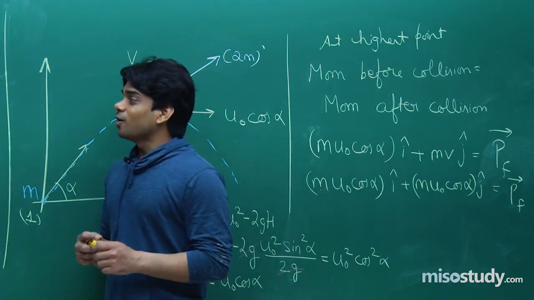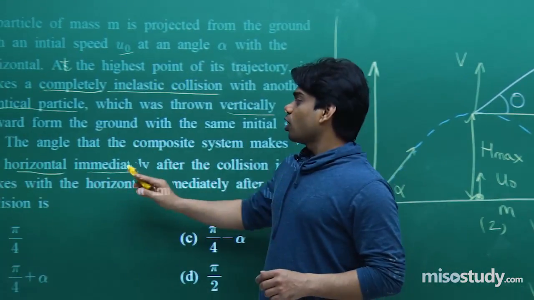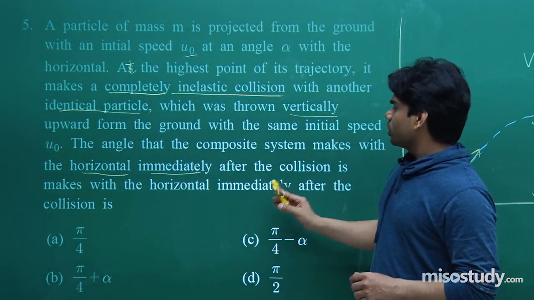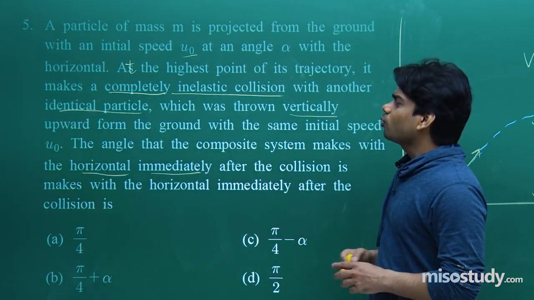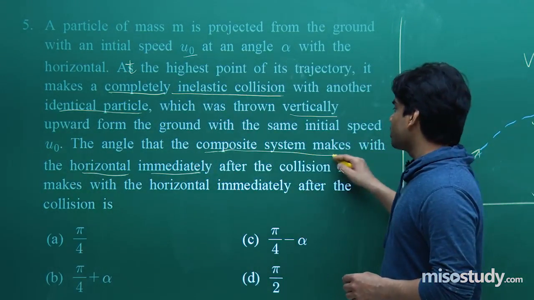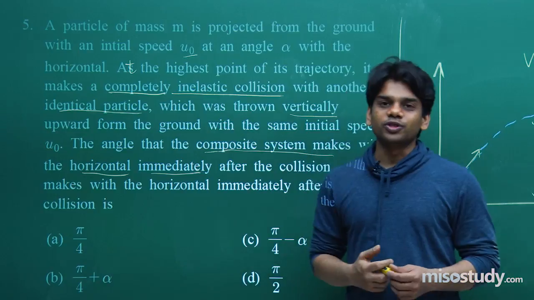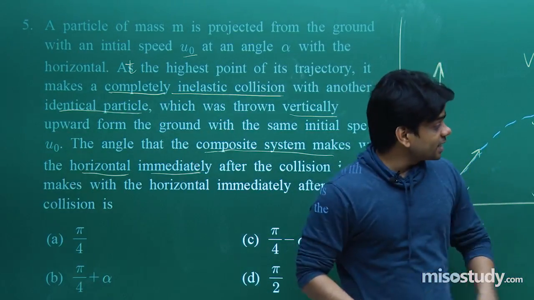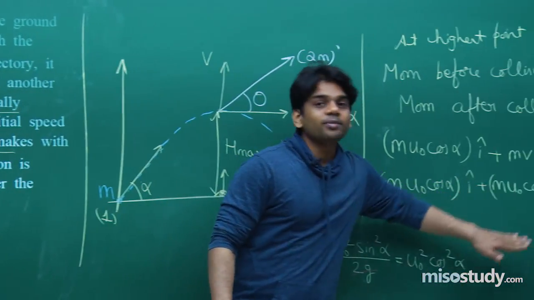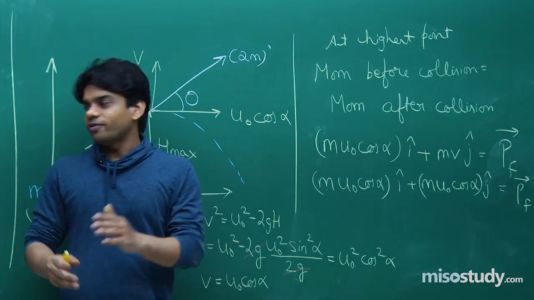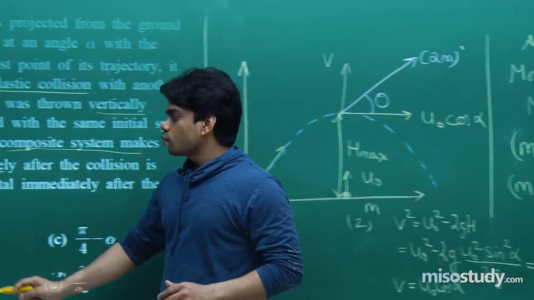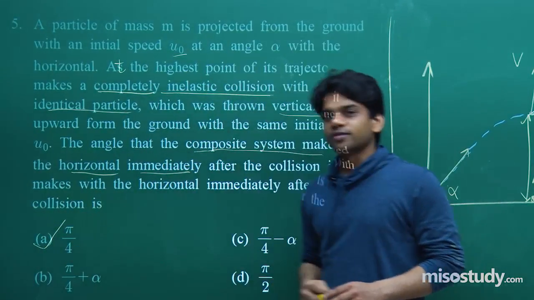We need to find the angle that the composite system makes with the horizontal immediately after the collision. Clearly, since both are the same, it will make an angle of 45 degree. So 45 degree is the right answer, so pi by 4.